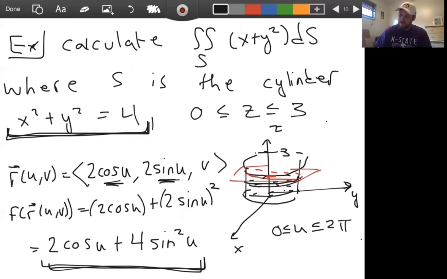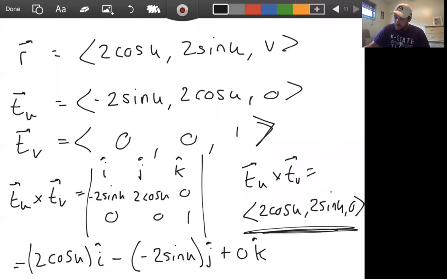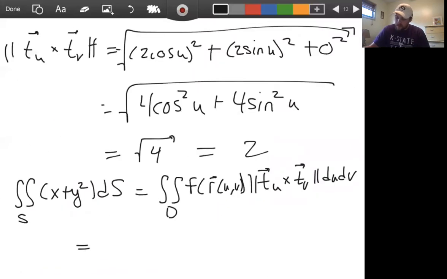And then the parameter v is exactly z. We have z equals v, and z goes from 0 to 3, so v goes from 0 to 3. So our parameter domain D is u from 0 to 2 pi, v from 0 to 3.